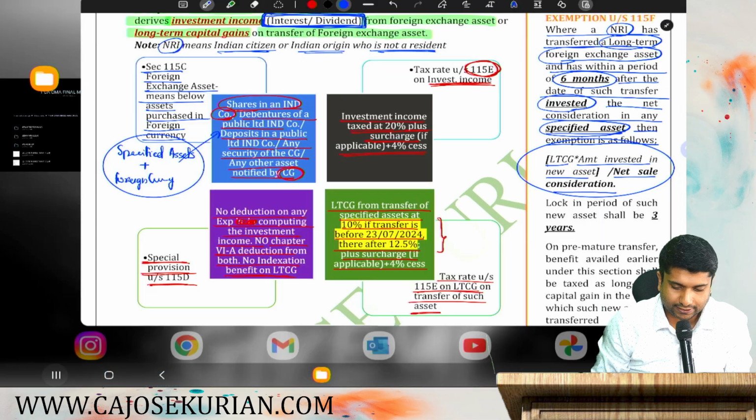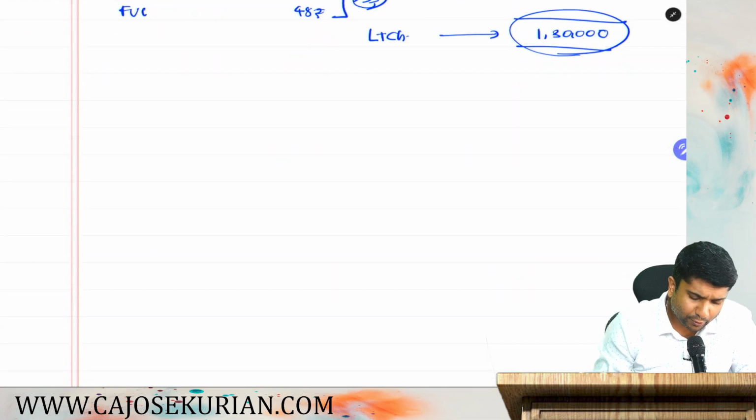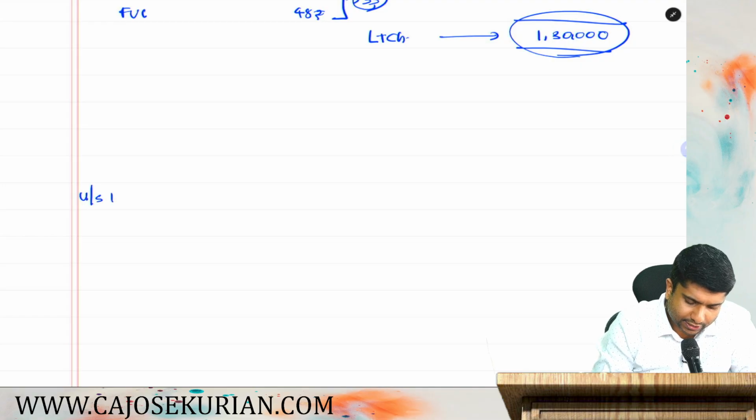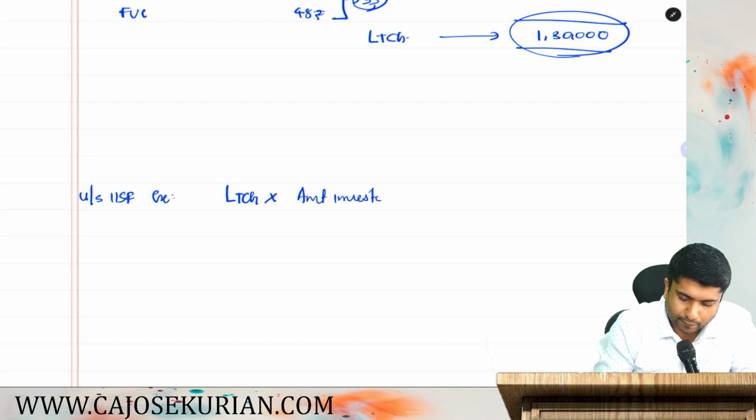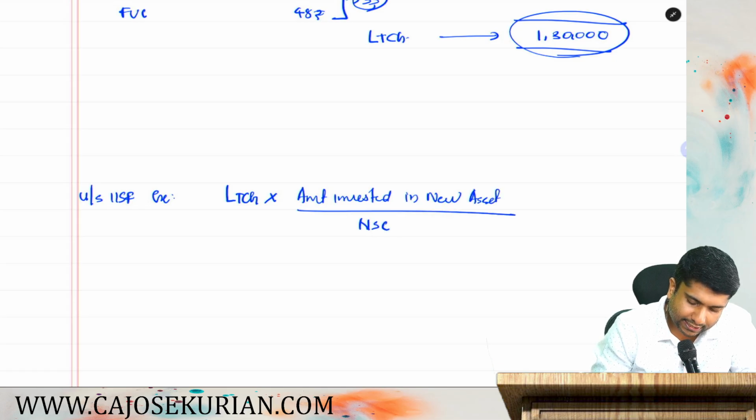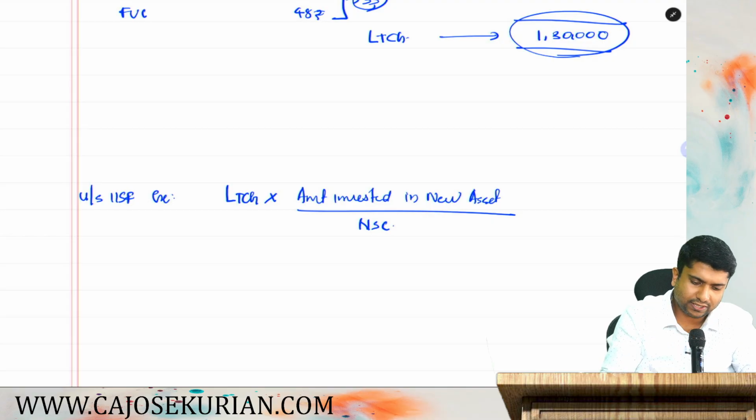We will rewrite that. How do you compute exemption? Under section 115F, exemption shall be long-term capital gain into amount invested in new asset divided by net sale consideration. So this is the formula.